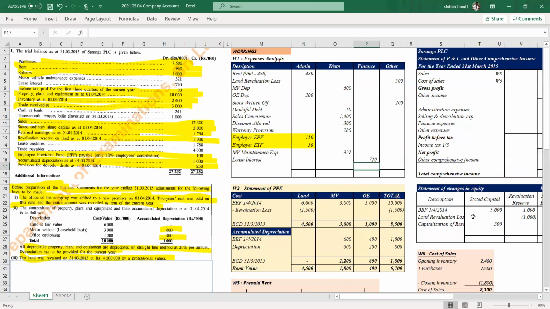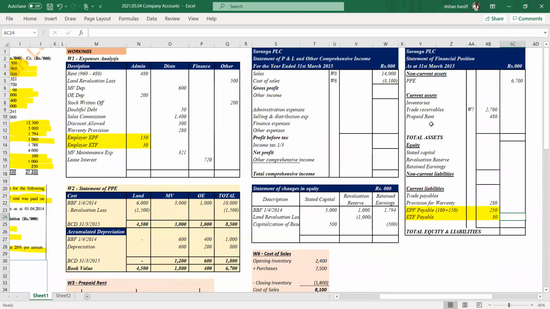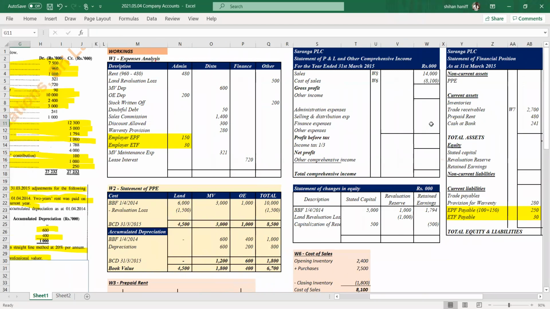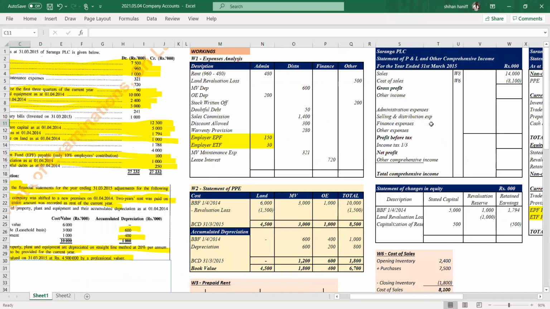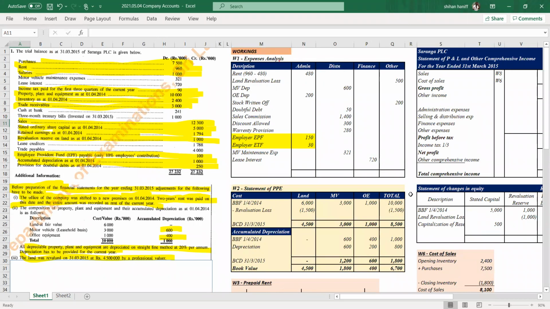Cash at bank 241, debit balance, right? Yeah. 3 months treasury bills, 1 million. So it's a current asset.